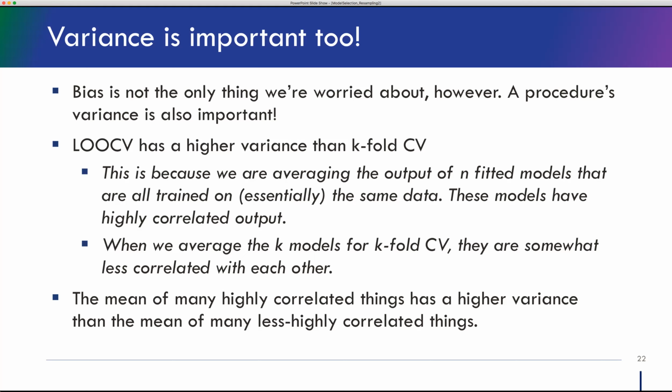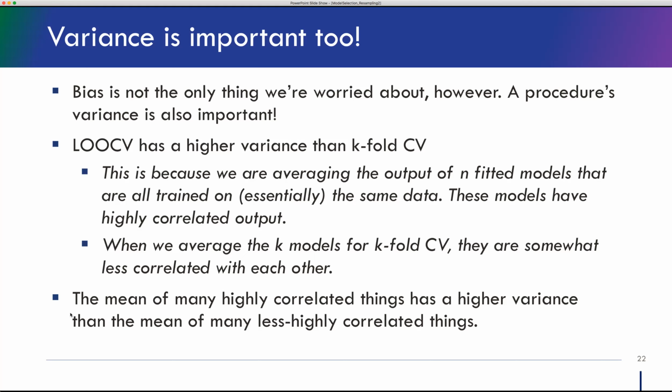You also have to know the fact that the mean of many highly correlated things has a higher variance than the mean of many less correlated things. The effective sample size for highly correlated data is actually less than the actual data size, because many of them are correlated and the information they contain is less than the actual data set.